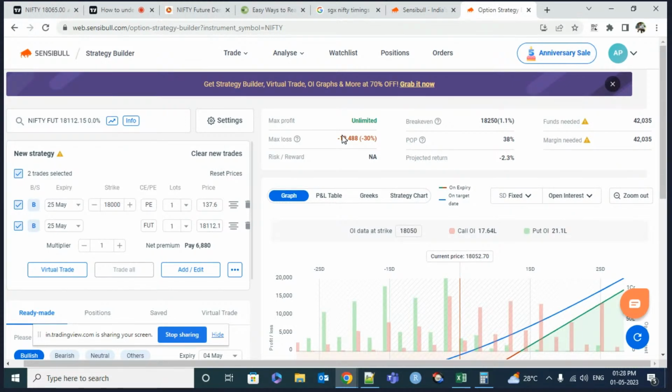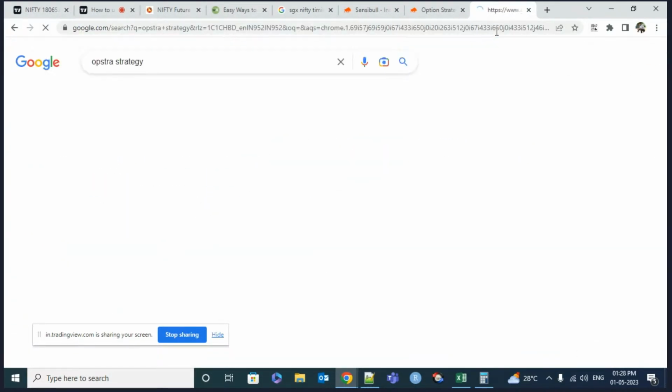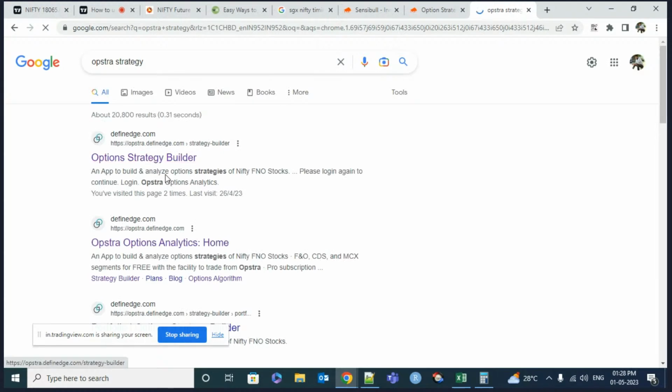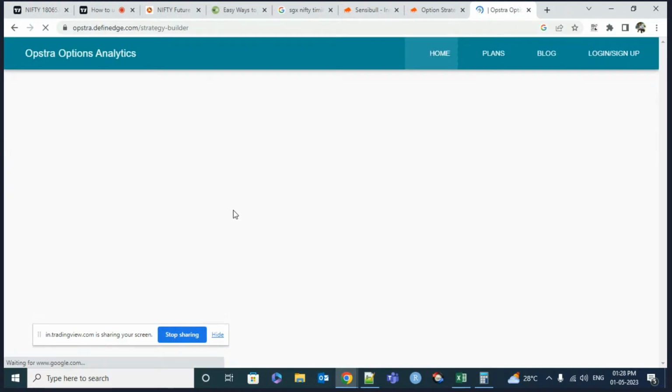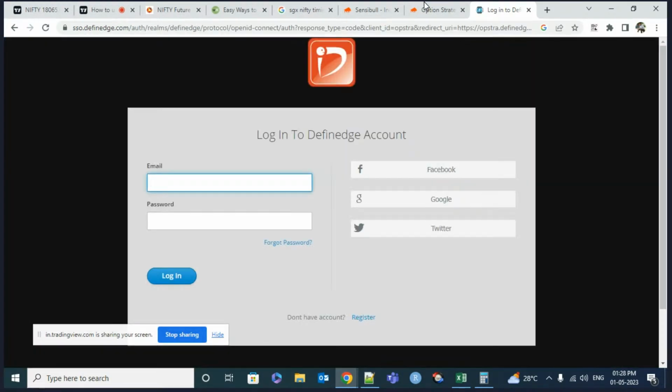There are many tools as well, where you can build your strategies and understand your option strategies. Try them out as well. I think Opstra is one. Yeah, Opstra strategy builder, option strategy builder as well. This is similar to Sensible, but I don't know if they have logins with the broker account as well.